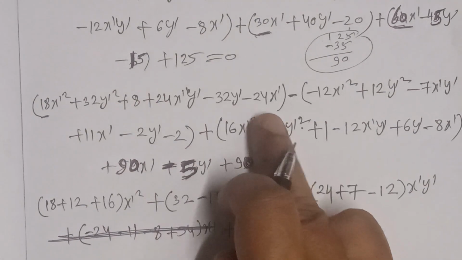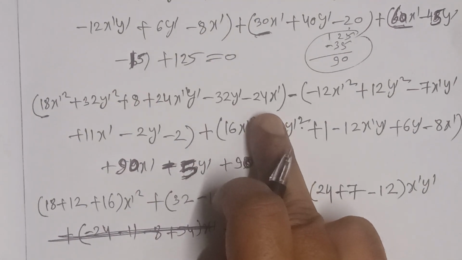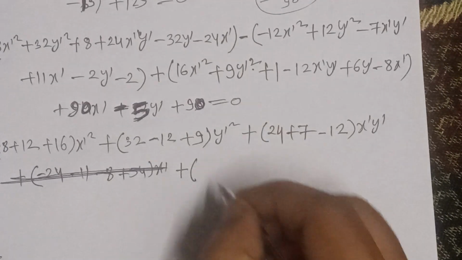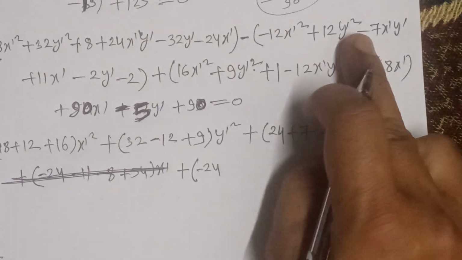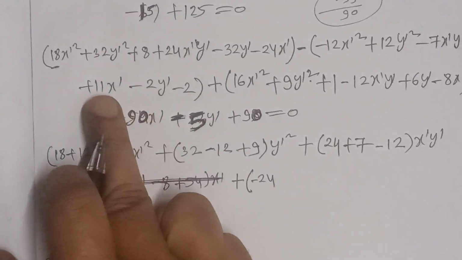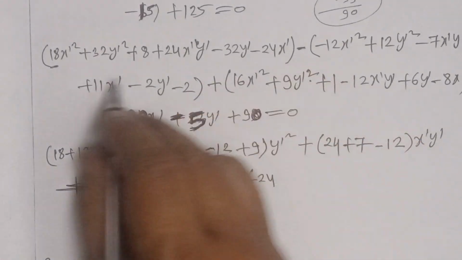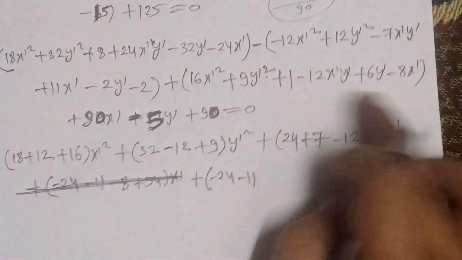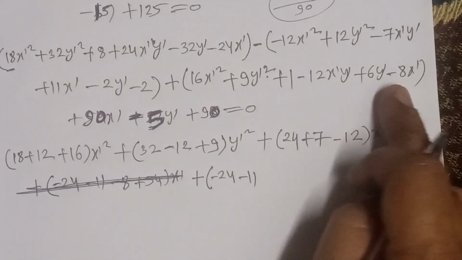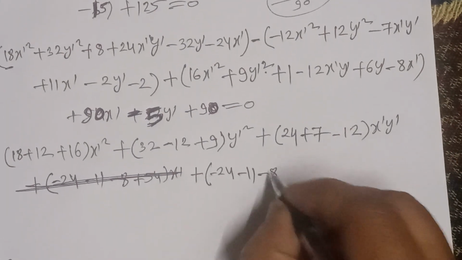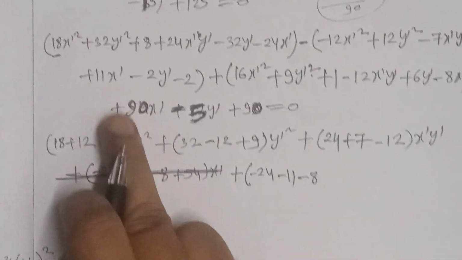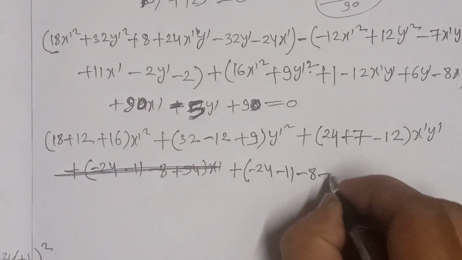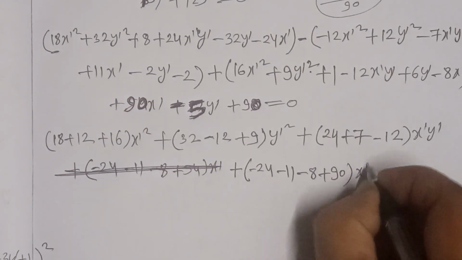In the first term we get the coefficient minus 24 here, and in this we get minus 11, and in this term we get minus 8, and also in this term we get plus 90. This is the coefficient of x dash.